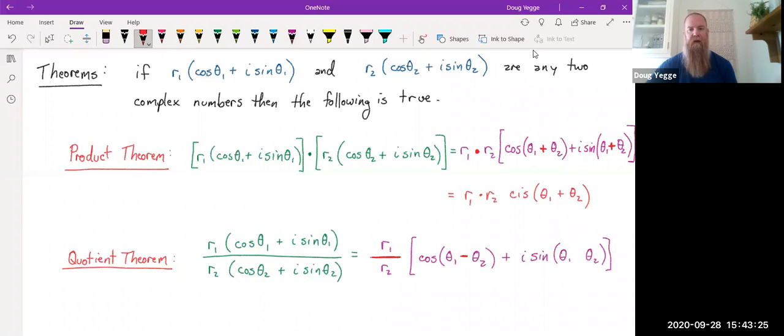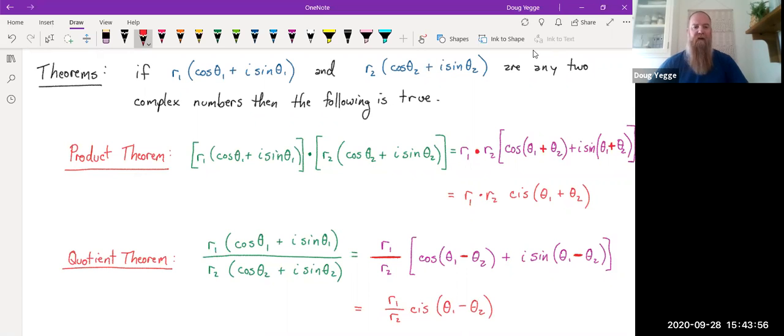So now if I am taking a product, I multiply the radii, and if I'm taking a quotient, I divide the radii. If I have a product, I take the sum of the angles, and if I have a quotient, I take the difference of the angles. And therefore, the other way to write this in cis form is simply R1 over R2 cis, and now we get theta 1 minus theta 2.